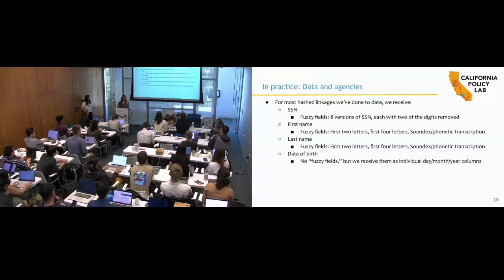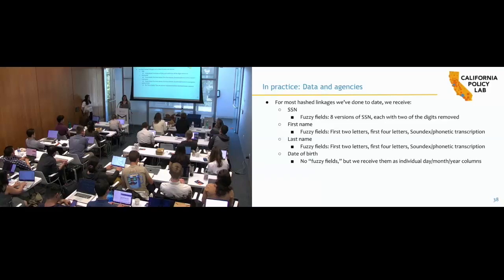In most cases, we'll have the following 4 fields from administrative data sets. This isn't necessarily always the case, but it tends to be a pretty common list. We'll typically have social security number, first name, last name, and date of birth.